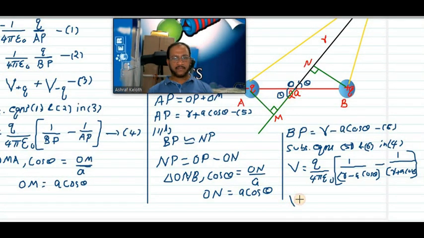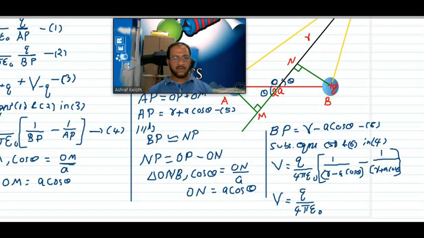Potential V is equal to Q by 4 pi epsilon naught. For the denominator, we can take the LCM, A plus B into A minus B, A square minus B square, that is R square minus A square cos square theta. And the numerator we can cross multiply: R plus A cos theta, minus, in brackets, R minus A cos theta.